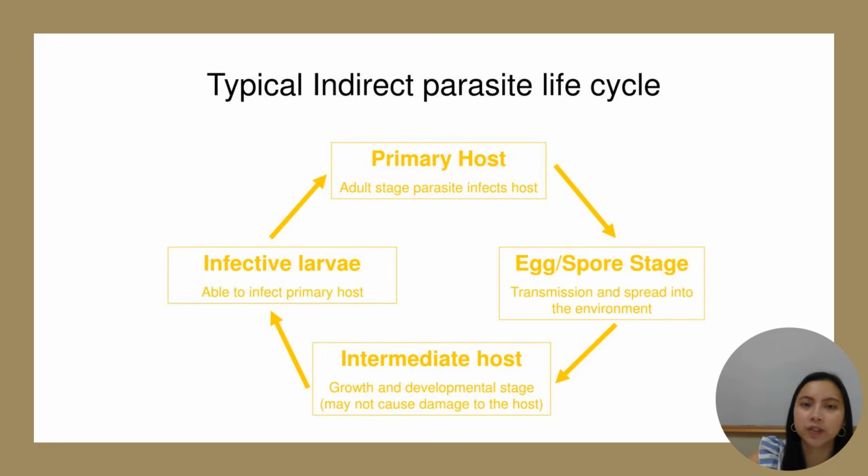Let's now proceed to the general life cycle of parasites. So this means, class, that each parasite has its individual maturity or life cycle. This one is just an overview of the different life cycles. This is a general life cycle of the parasites. And usually, class, through adaptation of the parasite to their host and also the external environment, parasites have developed life cycles which may be simple or complicated.